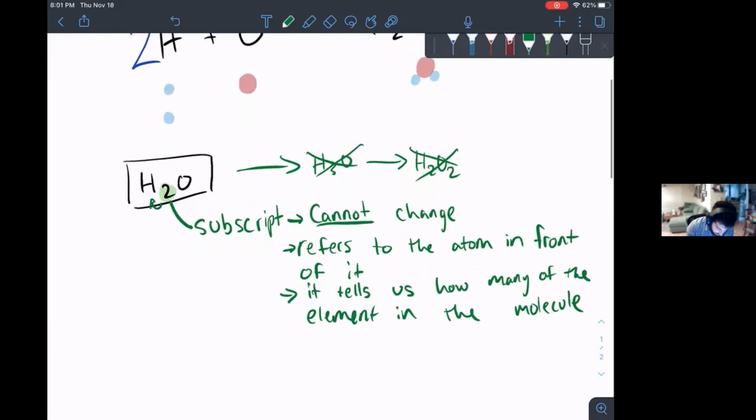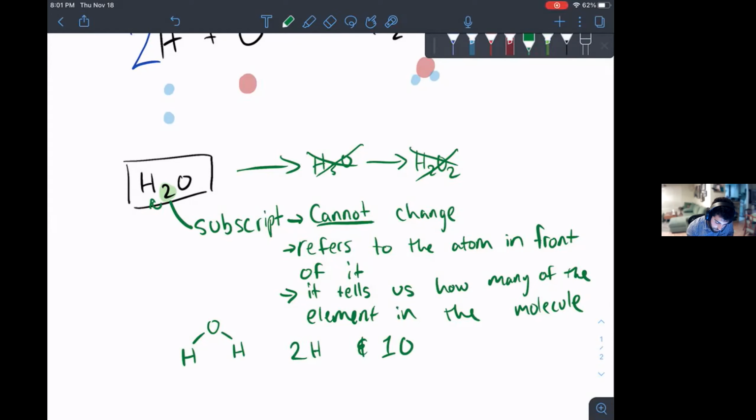So for H2O, it tells us we have 2 H's and 1 O, and we know that from the subscript. So that's all the major stuff about the subscript.